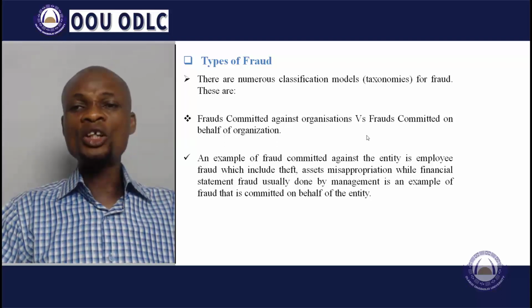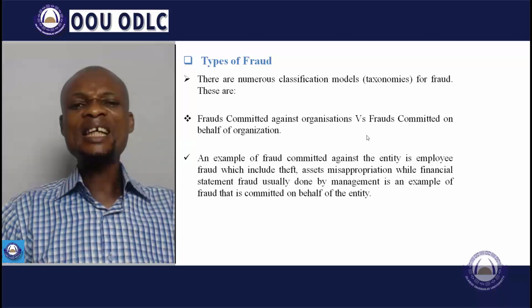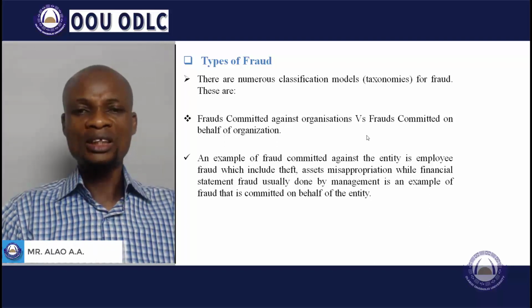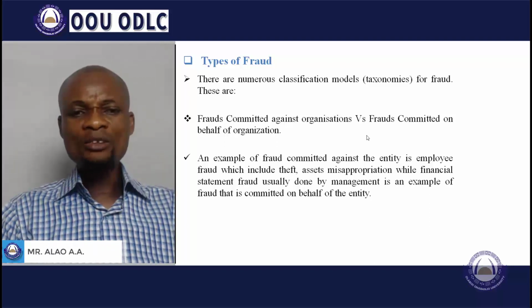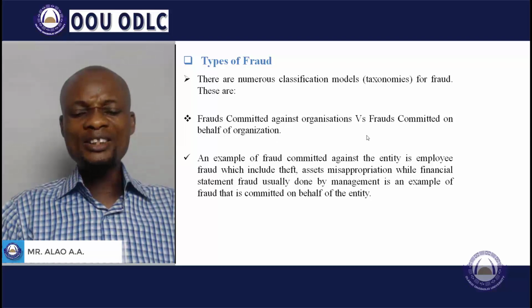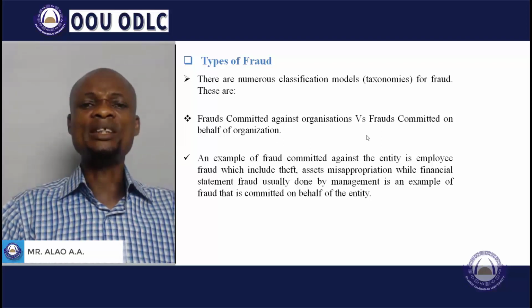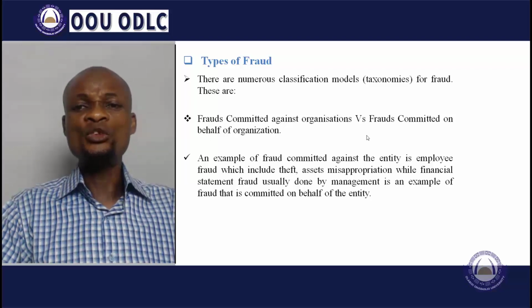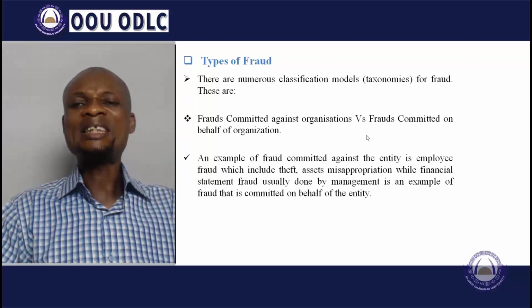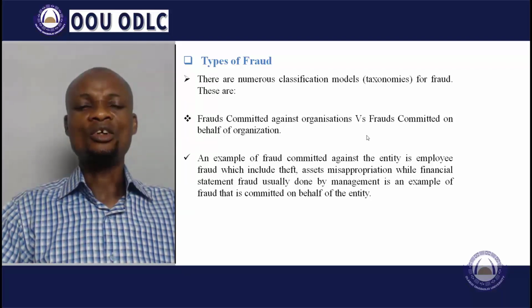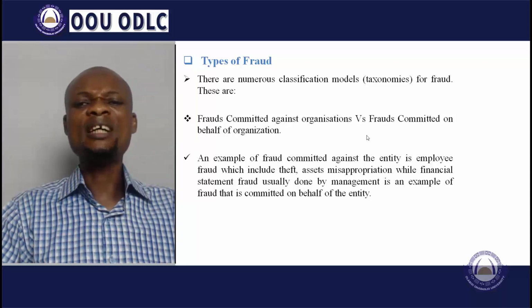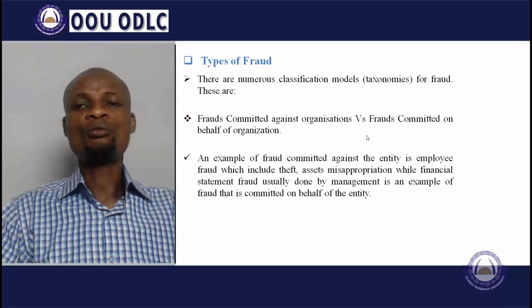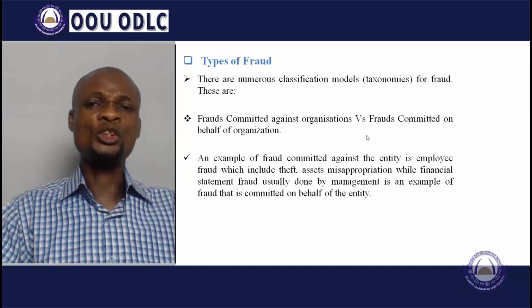A company that is going under, instead of declaring the true picture of the organization, the management will want to manipulate or window dress financial statements just to show the public that the company is still doing well. That is a fraud committed on behalf of the organization. It is committed to save the organization from public disrepute.